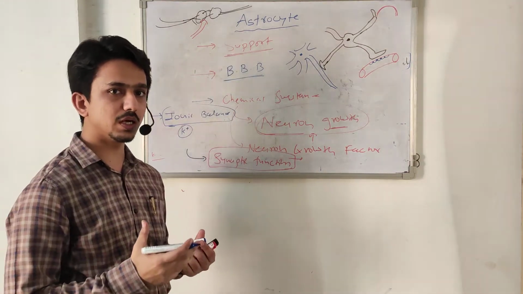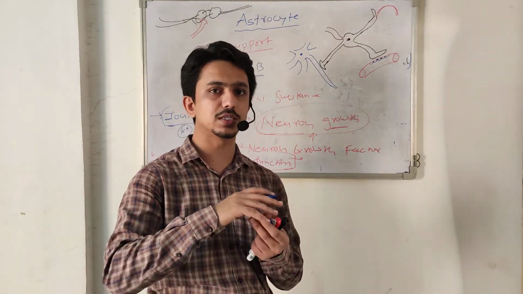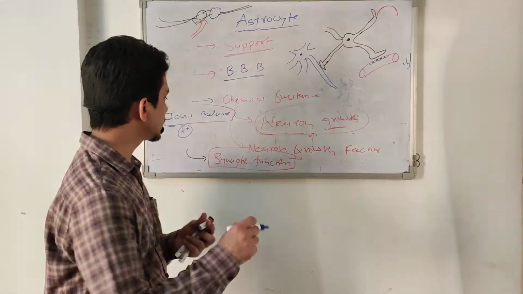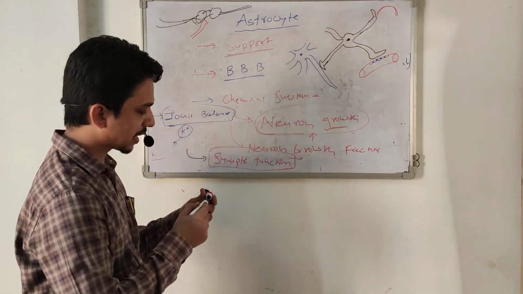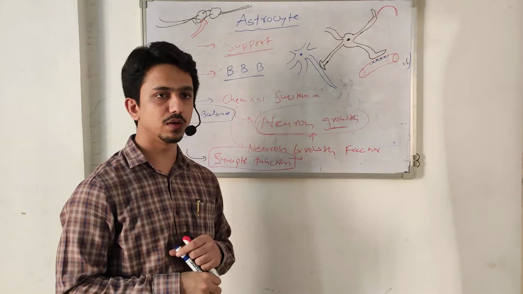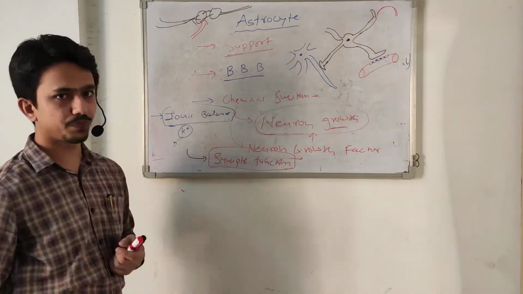Whatever potassium is in excess around the neurons during depolarization is taken up by astrocytes. I will explain how in a few minutes. So they are also responsible for ionic balance.